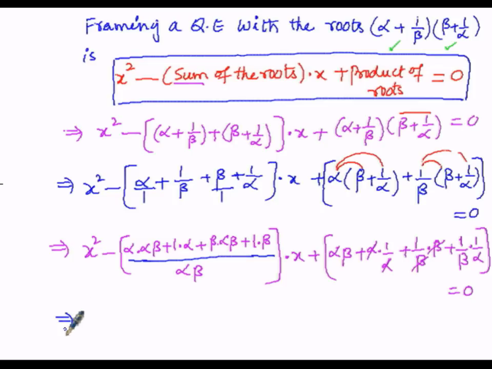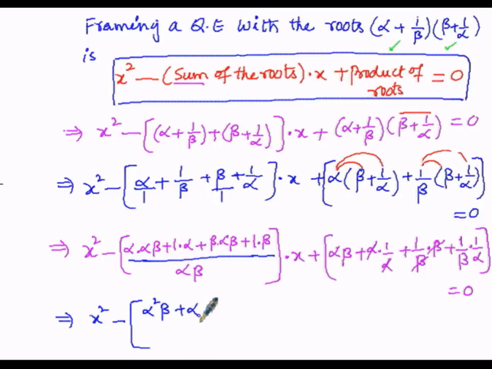So that implies x square minus bracket alpha into alpha as alpha square beta plus alpha plus beta.